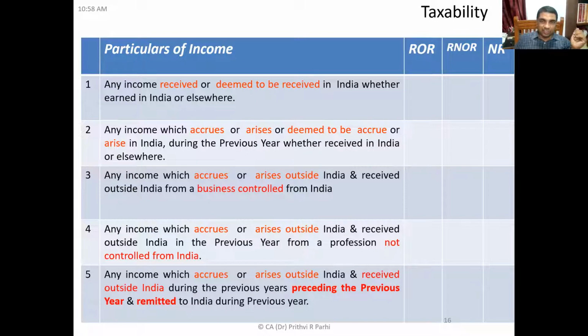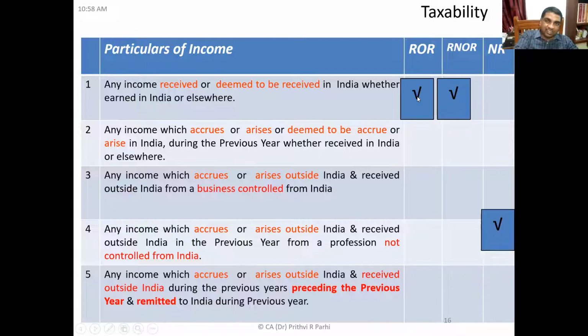That condition you are talking about, that is applicable to foreign income. But here we are talking about Indian income. If it is Indian income, friends, then it is taxable for all. Yes or no? Yes, sir. It is taxable for all.